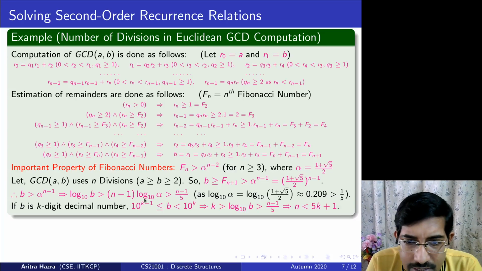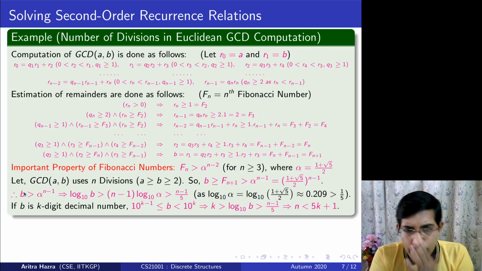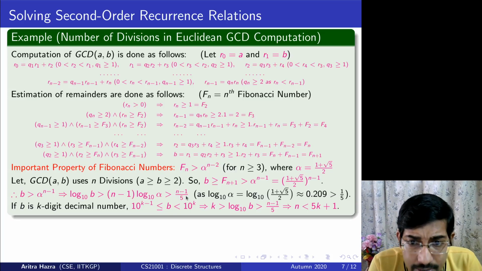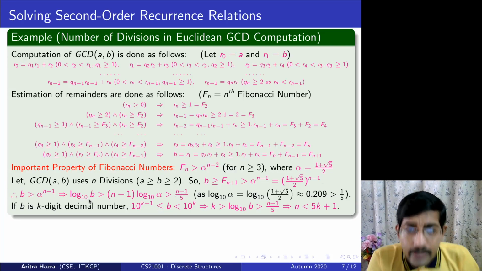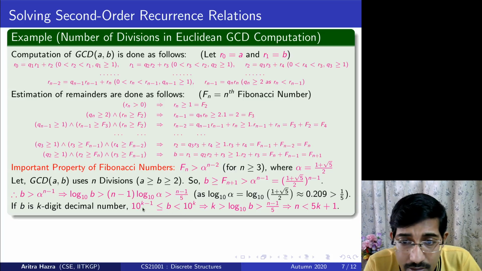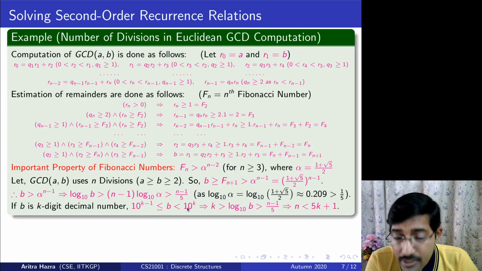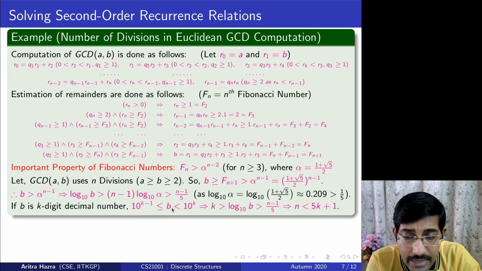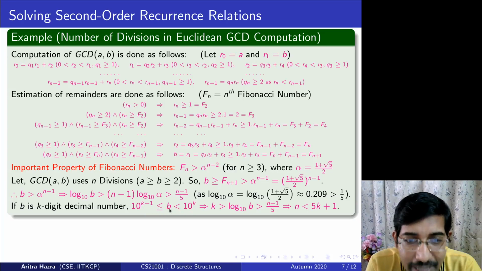What it results in is that your log B is greater than n minus 1 by 5, and let's say B is a decimal number of k digits. So therefore B must be greater than 10 to the power k minus 1 and less than 10 to the power k. It's a k digit number in decimal. So this must happen. You can take any k and just try to verify.